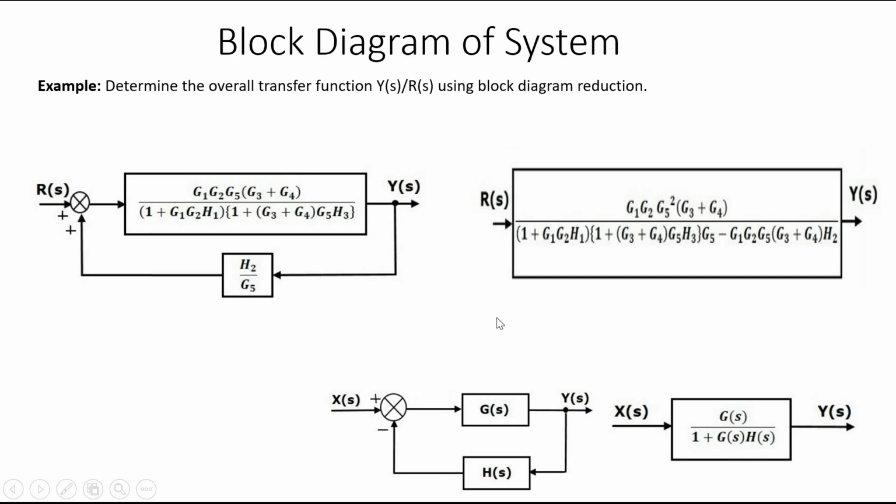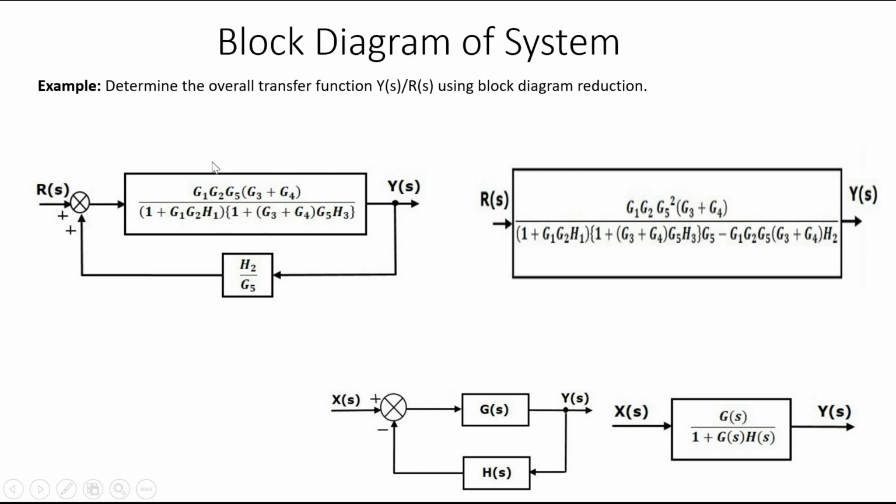We have the equation G(s), this term, divided by 1 minus, since here it is positive feedback. So it is G(s) divided by 1 minus this term into H2 by G5.